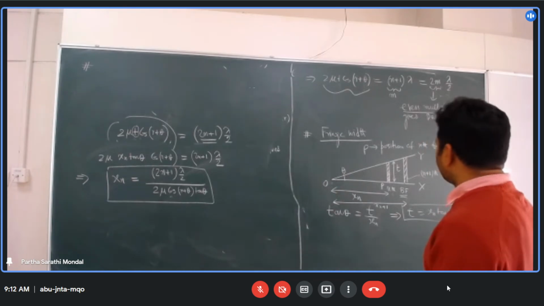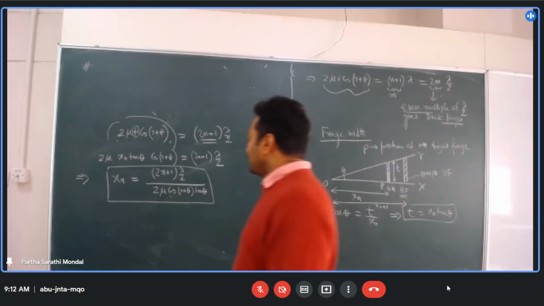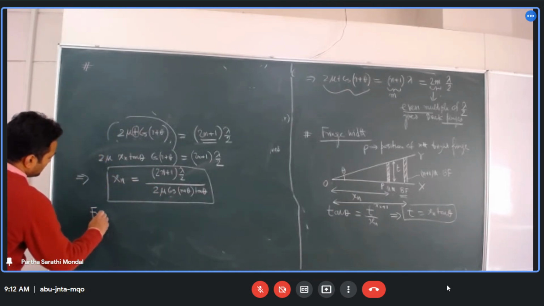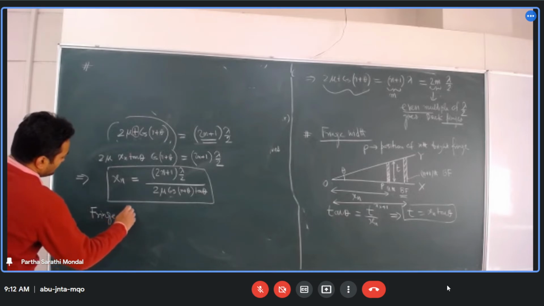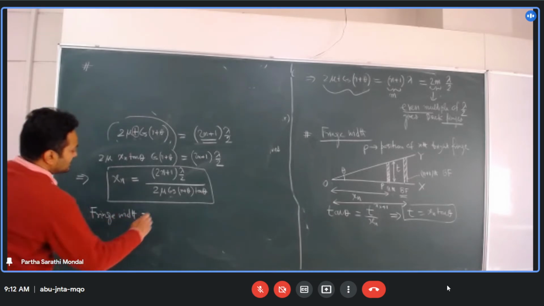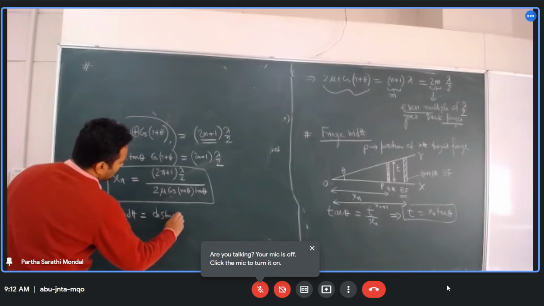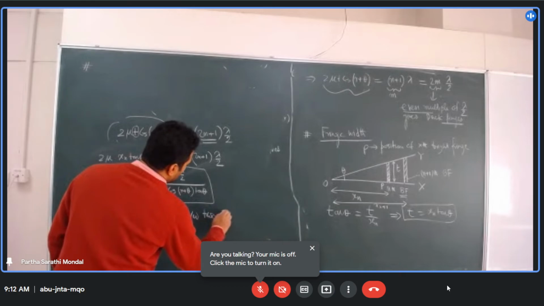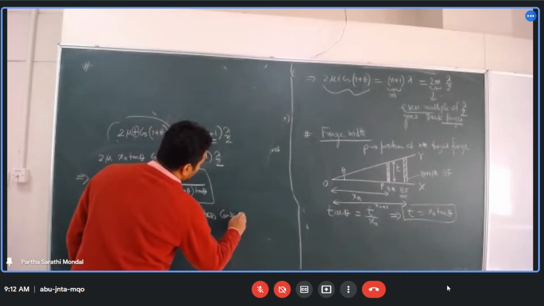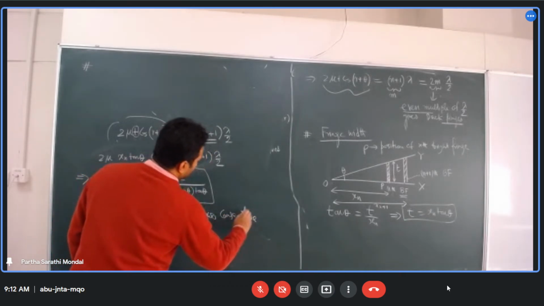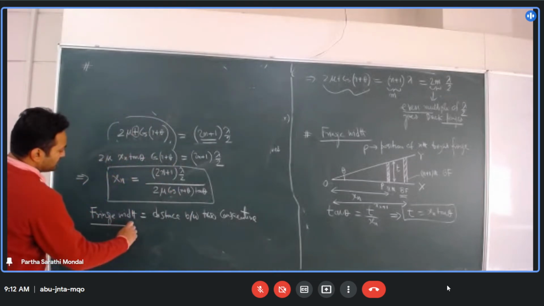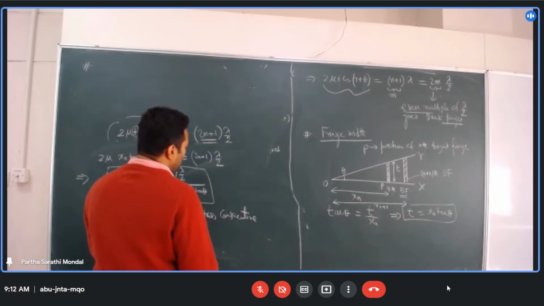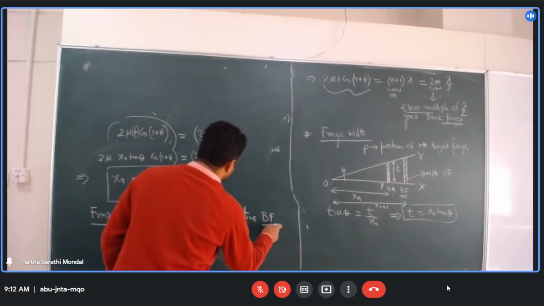Fringe width is nothing but the distance between two consecutive bright fringes. If I say bright fringe width, then we have the distance between two consecutive bright fringes.